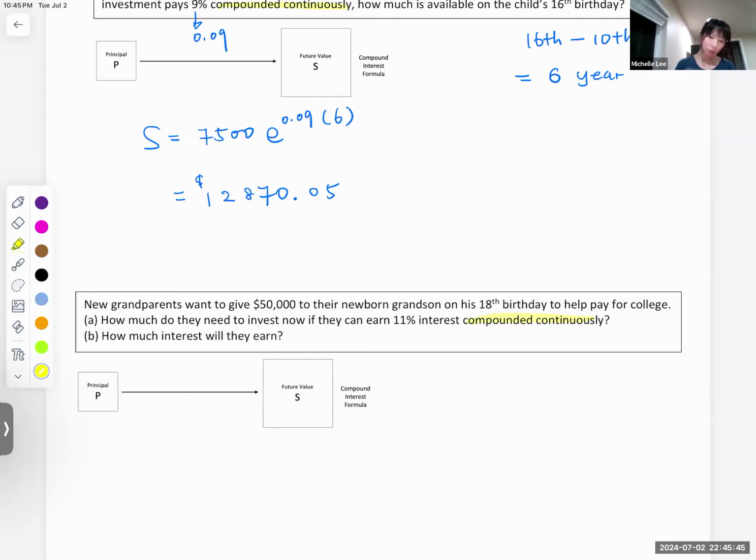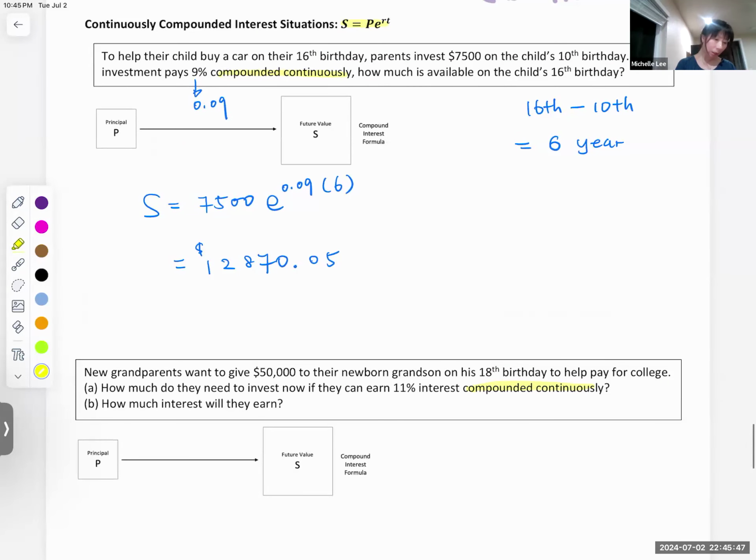So we are using this formula, S equals P e to the rt.